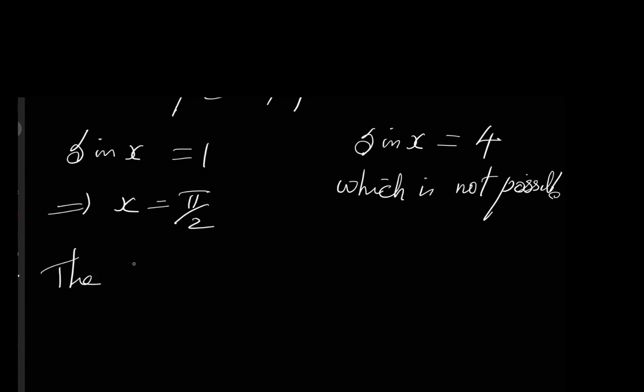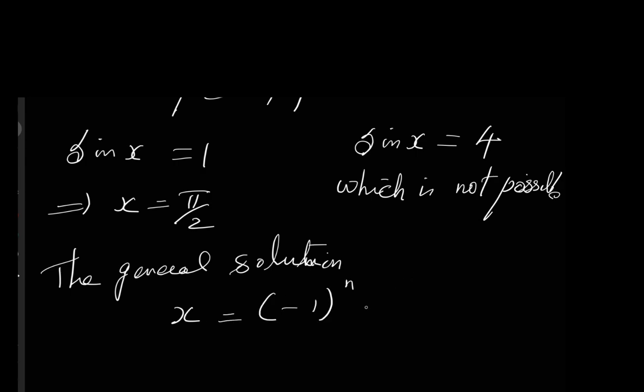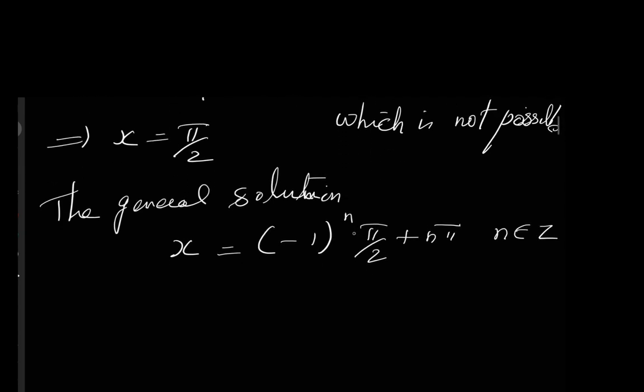Not only for pi by 2 is the sin value 1, for many values, that is the general solution. x is equal to minus 1 power n pi by 2 plus n pi, where n is in Z, n is an integer. As we substitute values for n from the integer set, you will get many values for x.